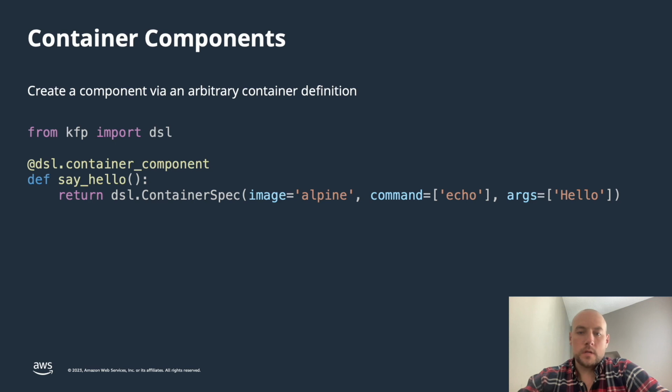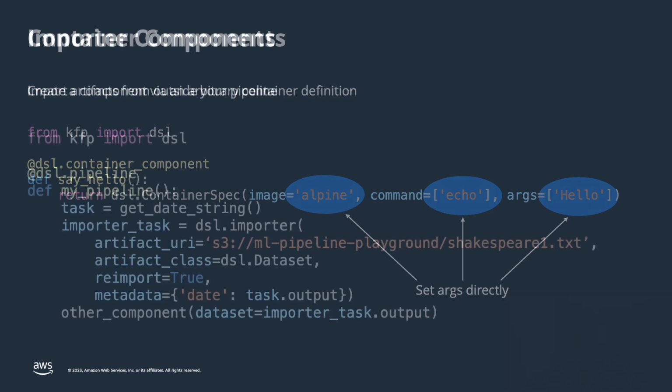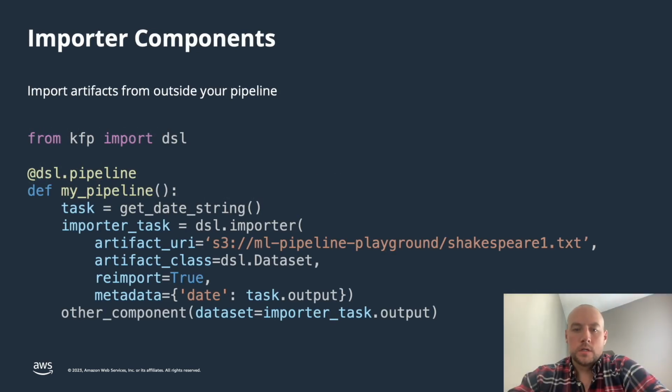Container components, not to be confused with containerized Python components, are ideal if you want to pull in an arbitrary container image. For example, if you've prepackaged your execution code in a container and you want to use that in a component. And so you can specify your image and also pass in any commands or arguments directly with container components. Now, I mentioned that usually the outputs from previous component executions become the inputs for subsequent component executions.